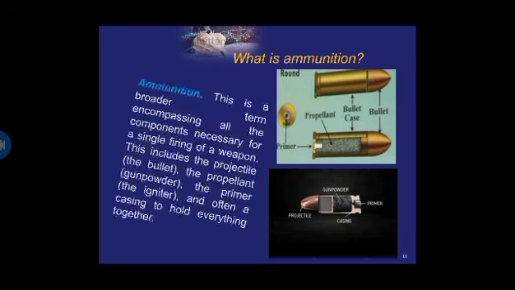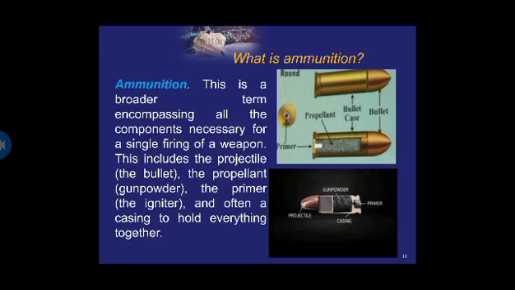Ammunition is a broader term encompassing all the components necessary for a single firing of a weapon. This includes the projectile, or the bullet, the propellant or the gunpowder, the primer or the igniter, and often a casing to hold everything together.